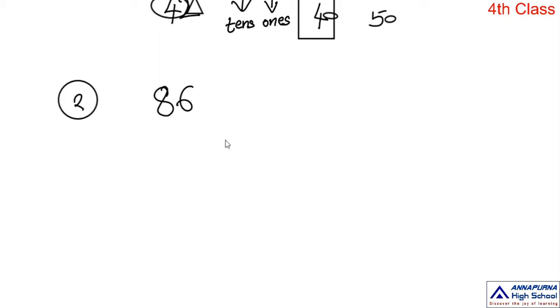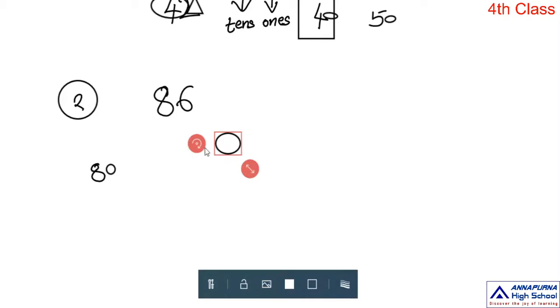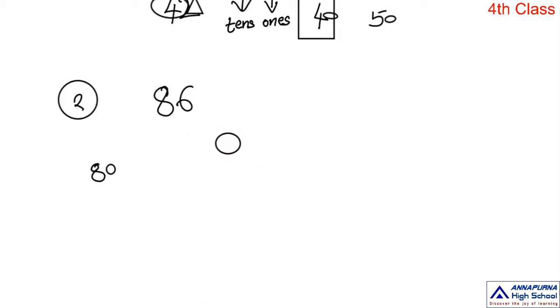So what are the two tens here? Either 80 or 90. 80 is the small 10 and 90 is the big 10.